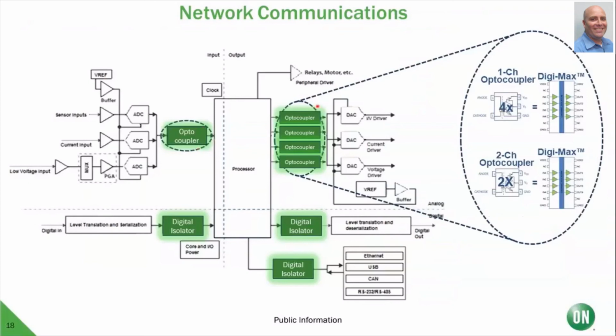Whereas on the right side, where there's multiple channels, it might be more economical to replace 4 single channel optocouplers with one Digi-Max 4-channel device or another logic-to-logic digital isolator, or two channel optocouplers with a single 4-channel digital isolator.